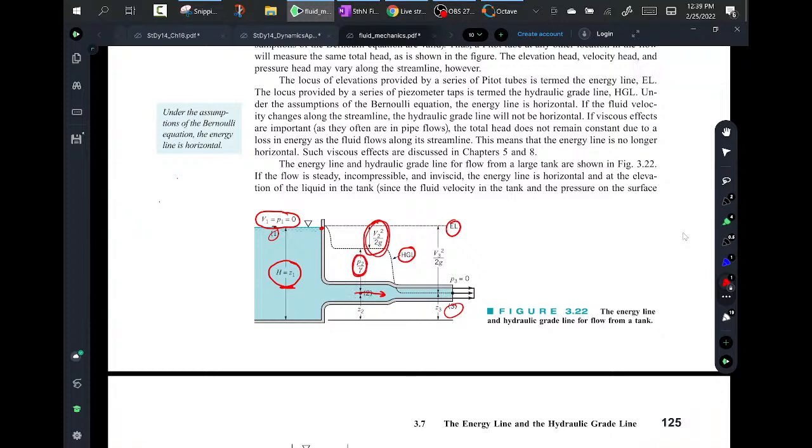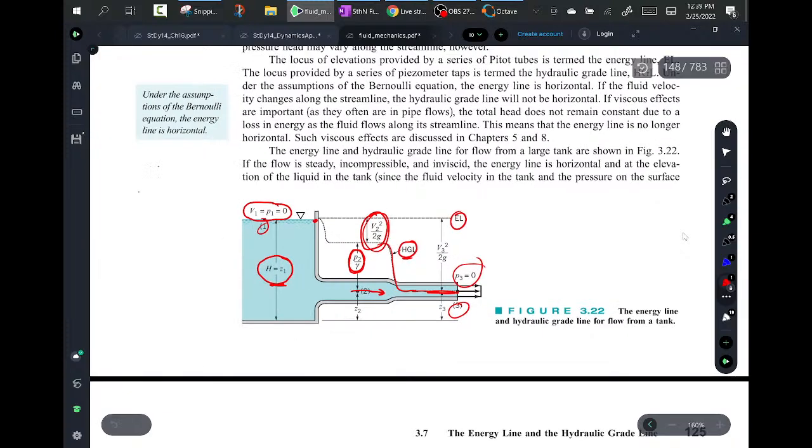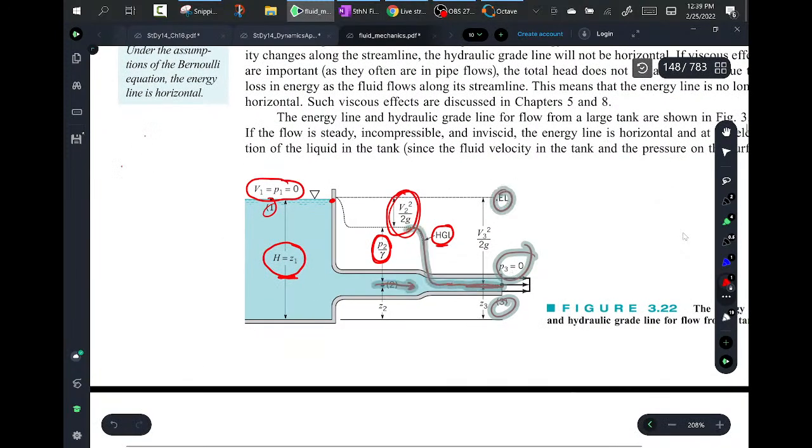Then what happens? You pick up speed, and as you pick up speed more, the hydraulic grade line drops way off to the point where it comes out the exit at P equal to 0. Now, this is not really what happens, but here's kind of what happens.